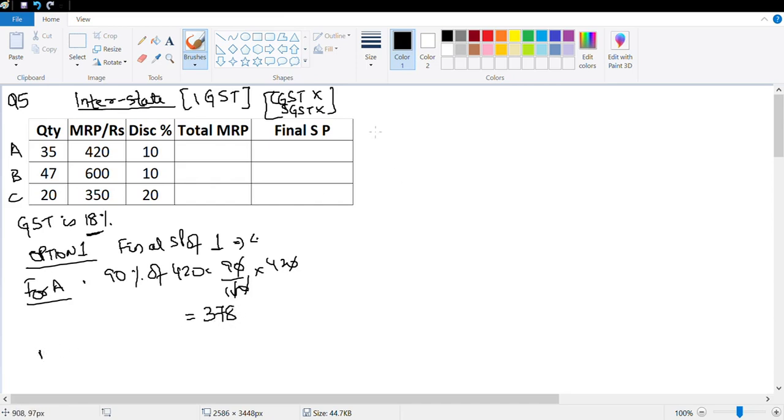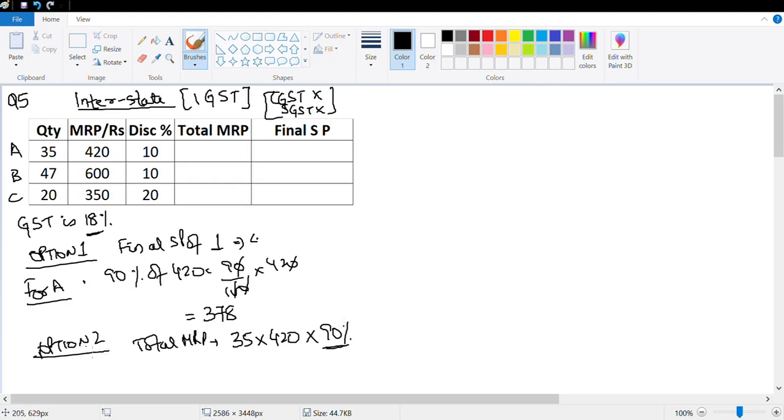Option 2 would be you calculate the total MRP, which means you first multiply 35 into 420 and then you take 90% of it, whichever way works best for you.